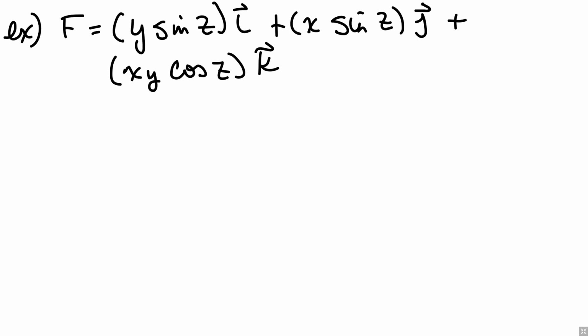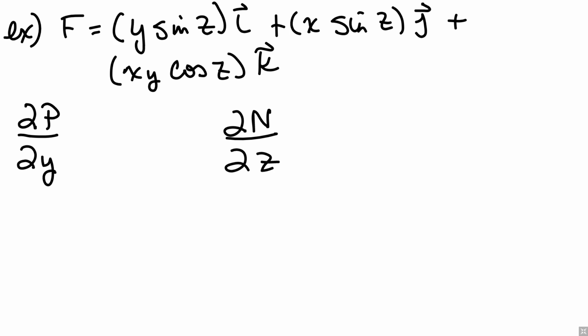Okay, so what we're going to look at first is the partial of P with respect to y and compare it to the partial of N with respect to z. So what we're going to do first is identify what M, N, and P are.